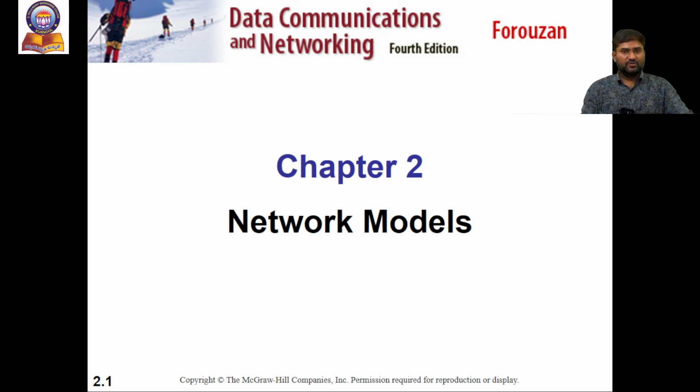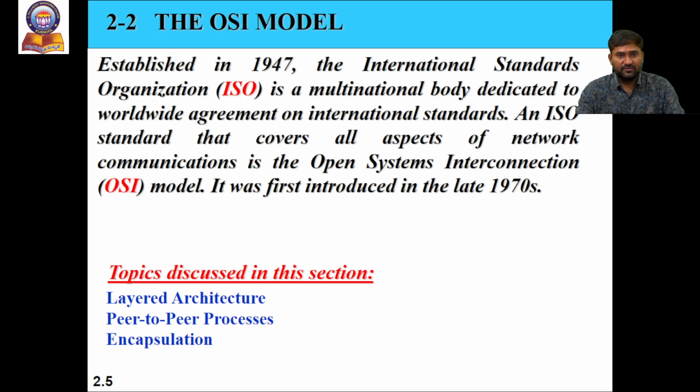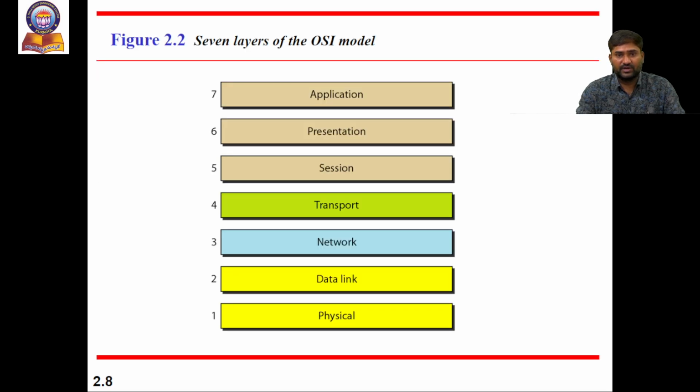Coming to the network models, in the previous class you have seen that whatever data we are forwarding through the network, every piece of information passes through different layers. Among that, we discussed the first one, the OSI reference model.